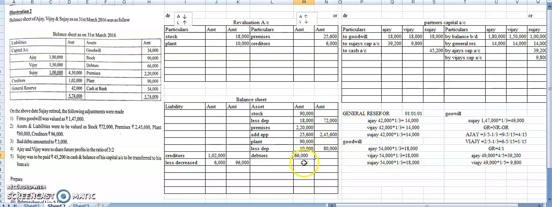Then 3,000 bad debt. Bad debt is always deducted from debtors. So I am writing less bad debt. Less bad debt, that is 3,000.